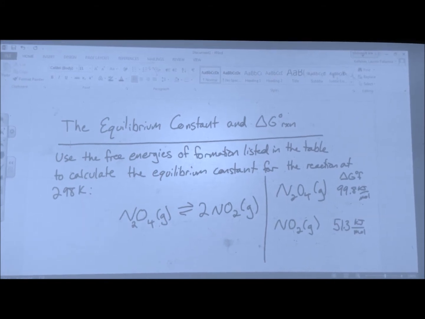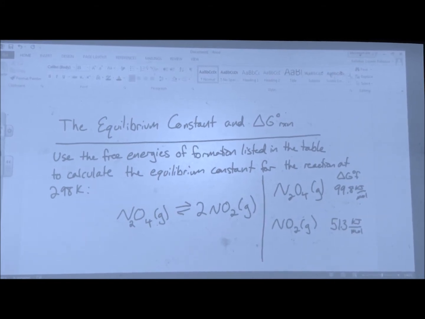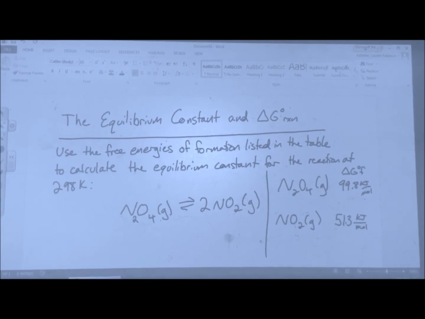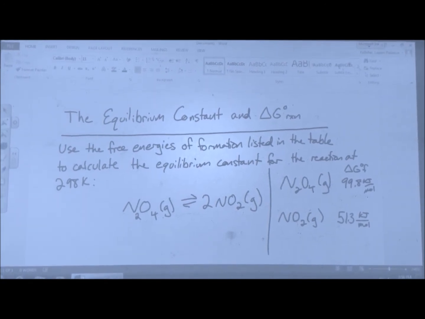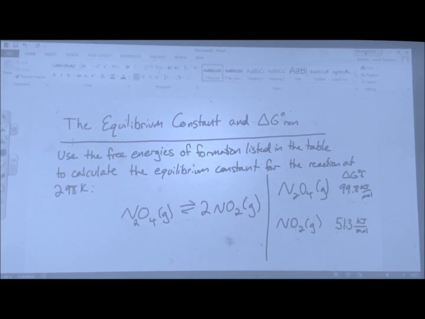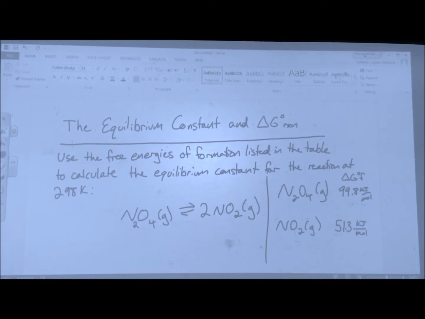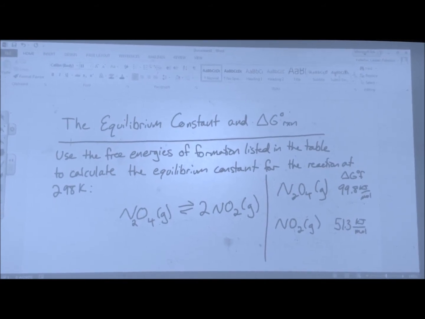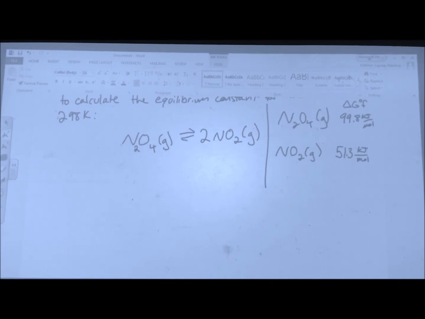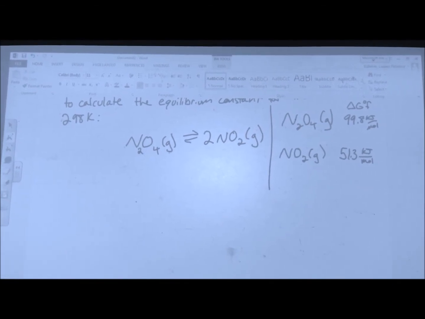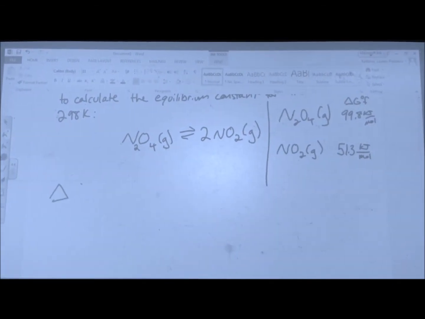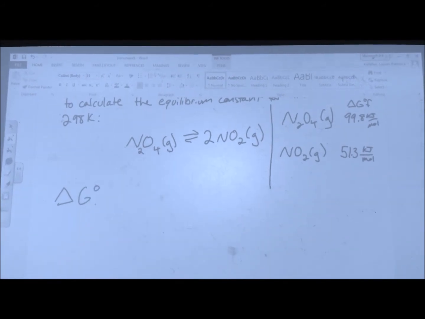So notice that N2O4, the gas phase, has a 99.8 kilojoule per mole delta G, and then NO2 gas has a delta G of 51.3 kilojoules per mole. The first thing we have to do for this problem is calculate the delta G of reaction at standard conditions.